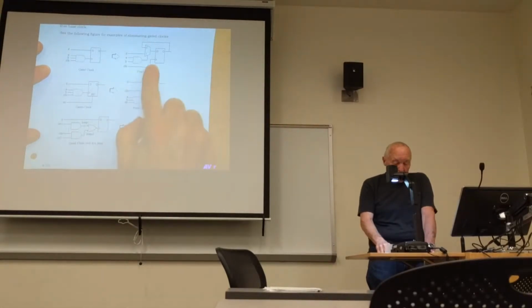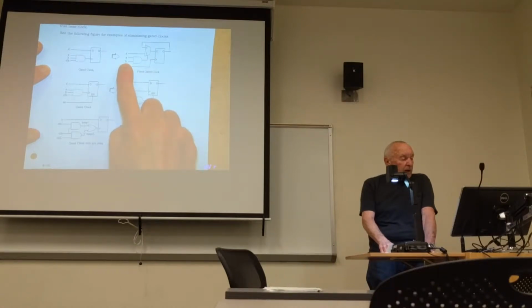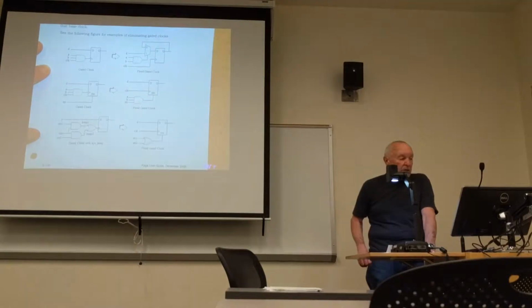The clock gets applied to the clock input of the register, but you have this feedback to a multiplexer, and your gated signals for the clock now drive the select line. So you either have data input appearing on the D input here, or the current output, so that there will be no change.